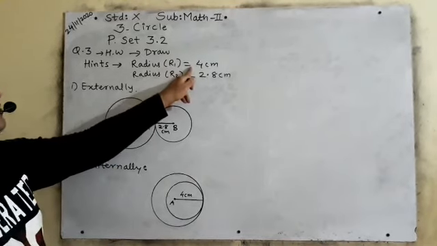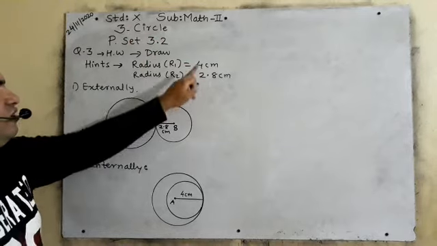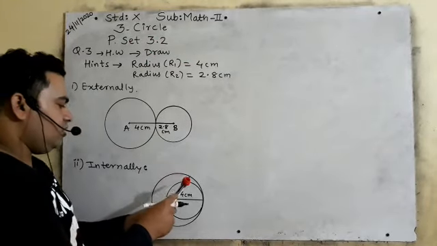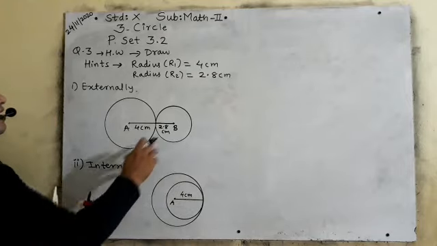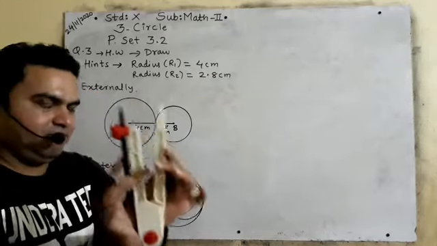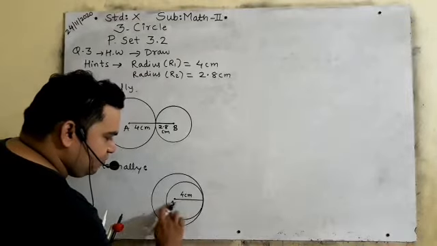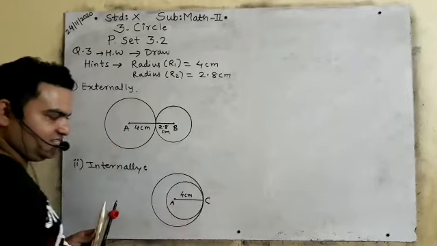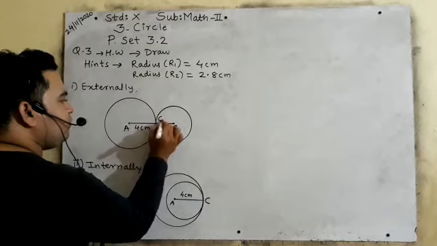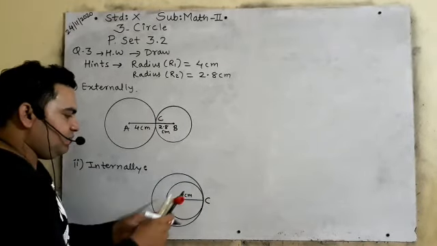Now see the internal case. Again you will construct, first you will draw the bigger circle of 4 centimeter. Then I will take 2.8 in the compass. This is the line of the bigger radius, from A to this point of concurrence C. So AC will be 4 centimeter.